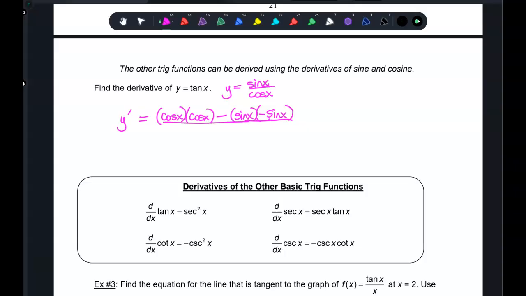Negative sine, all over cosine squared. What do we end up with? Well, we get cosine squared plus sine squared, so that turns into a 1 again. So 1 over cosine squared is the same as secant squared.